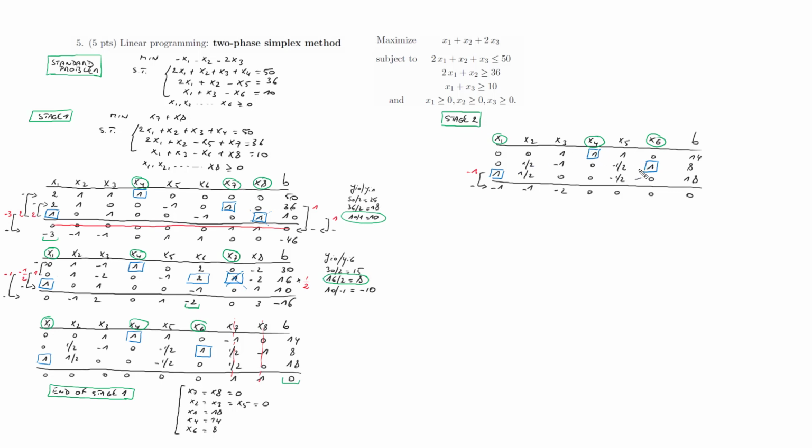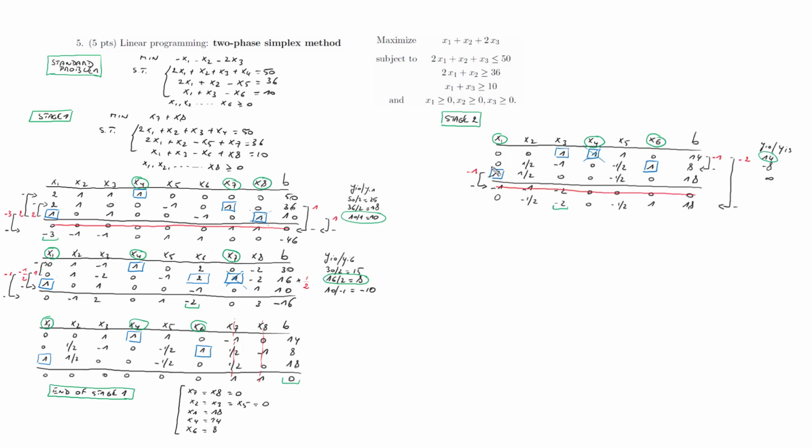Here are the pivots, and to start decision making, what we have to make sure is that above and below the pivots we have zeros. This is clearly the case for the variable x4 and x6, but this is not the case for variable x1. So what we should do is make an elementary row operation to create a 0 over here. Then you can do this using this elementary row operation.